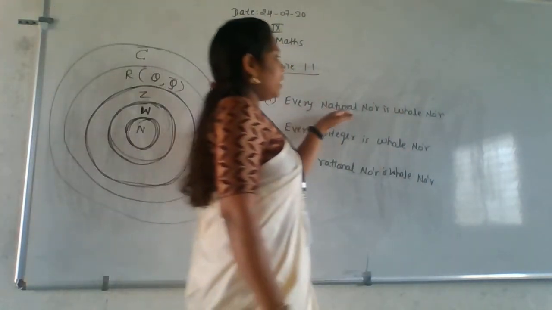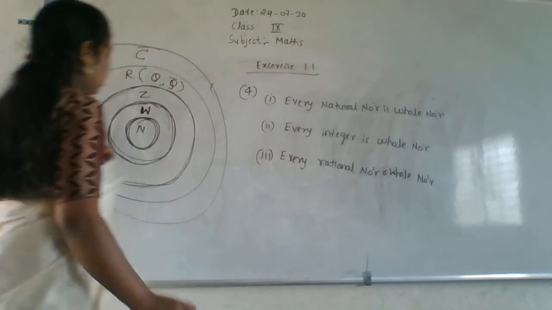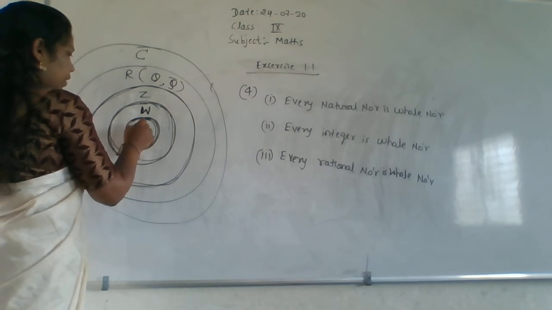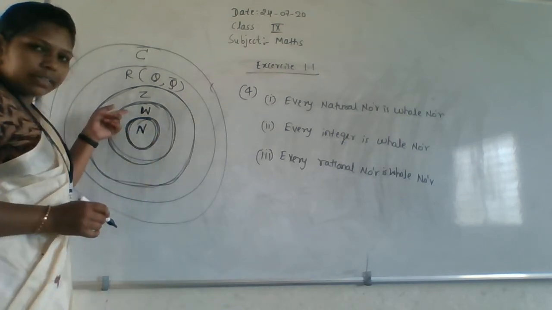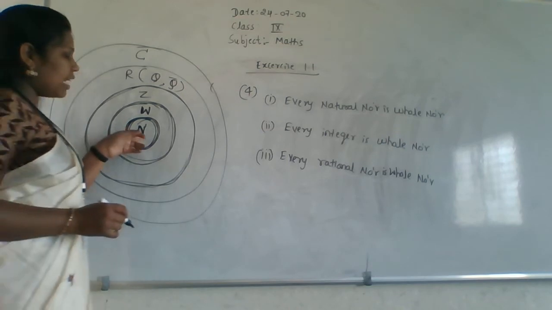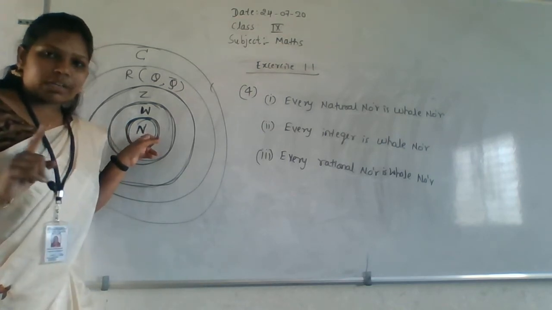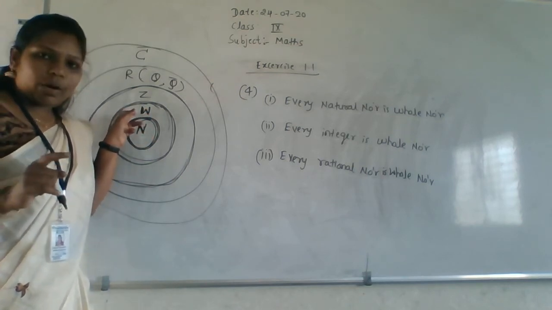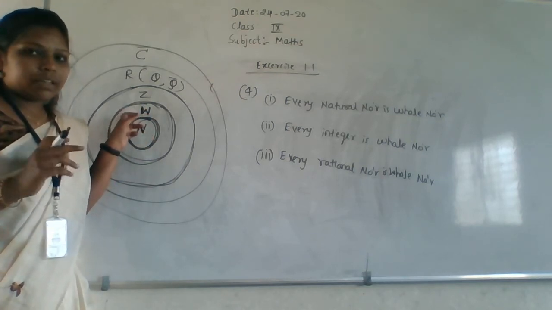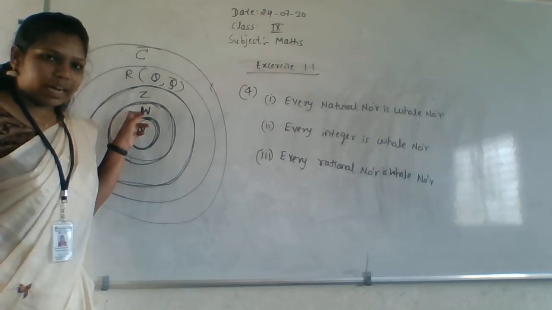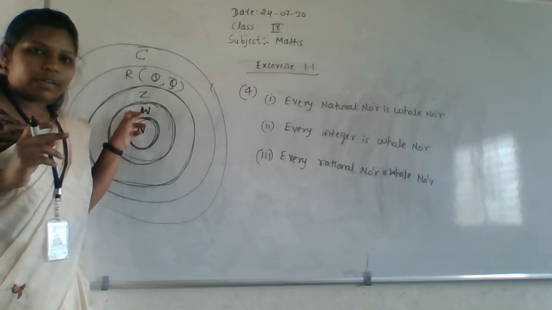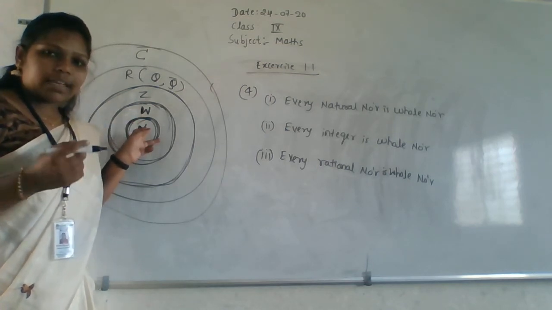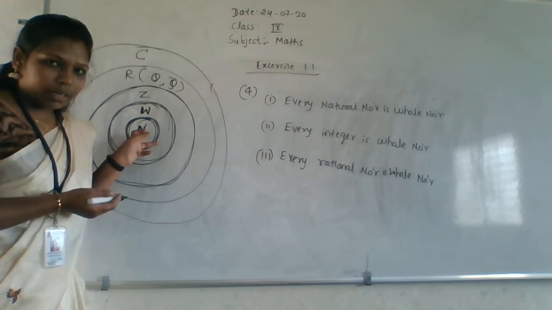They asked whether every natural number is present in the whole numbers. Natural numbers start with 1, 2, 3, 4, 5, and they are present in the whole numbers, which include 0. 0, 1, 2, 3, 4, 5, 6 means only 0 is the extra thing compared to the natural numbers. The other numbers are natural numbers only.